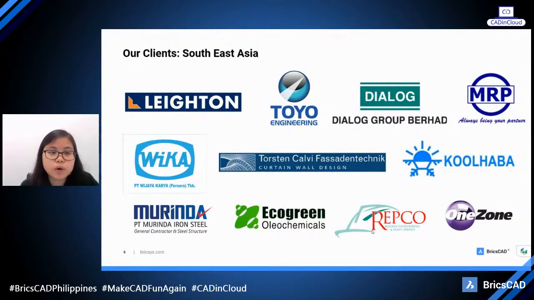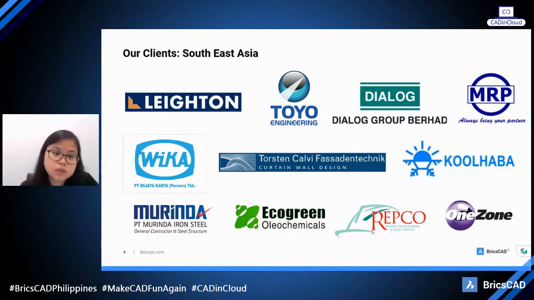Here are just a few of the clients that we have in Southeast Asia. Since we are in Southeast Asia, we thought we'd like to highlight these clients. As you might notice here, we are in different industries, not just in architecture, not just in construction, not just in manufacturing, but all over. One Zone is one of the customers we have in Philippines.